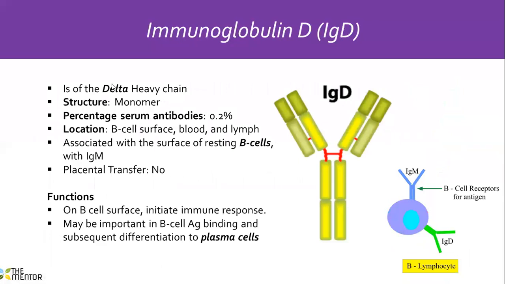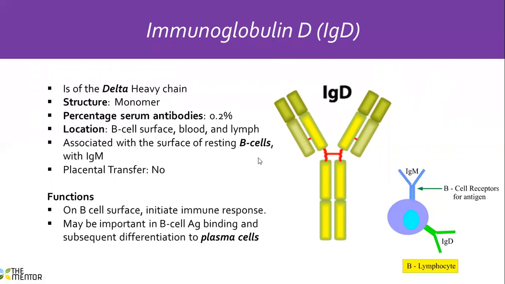So IgD is of the delta heavy chain, and the structure is a simple monomer. However, IgD is not very abundant in the serum. The percentage serum antibody level is 0.2%, and the location is the B cell surface. If you remember, another immunoglobulin found on the B cell surface is IgM.